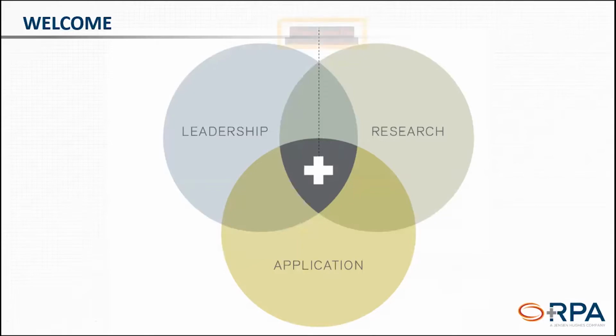That was a little bit of background for myself, and of RPA and who we are. We've got a 3-tiered approach to how we conduct ourselves. The first is leadership. We have folks that sit in leadership positions, sit on technical committees, codes and standards committees, steering committees. We have folks on our team that help write the codes. We understand why they're written the way they are, so we can help you comply with those rules and regulations.